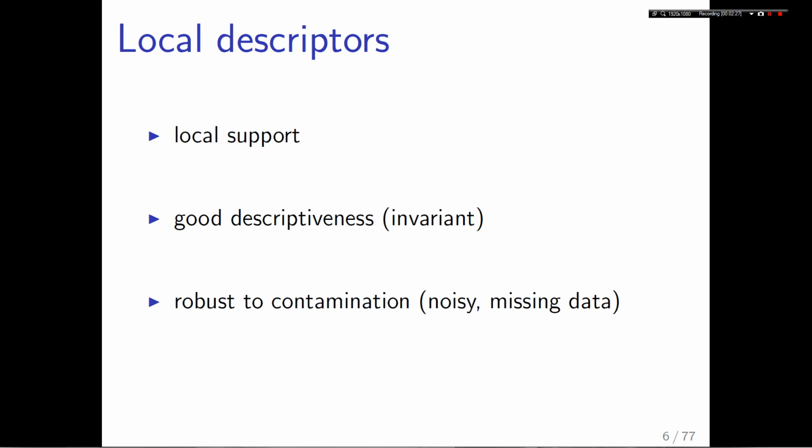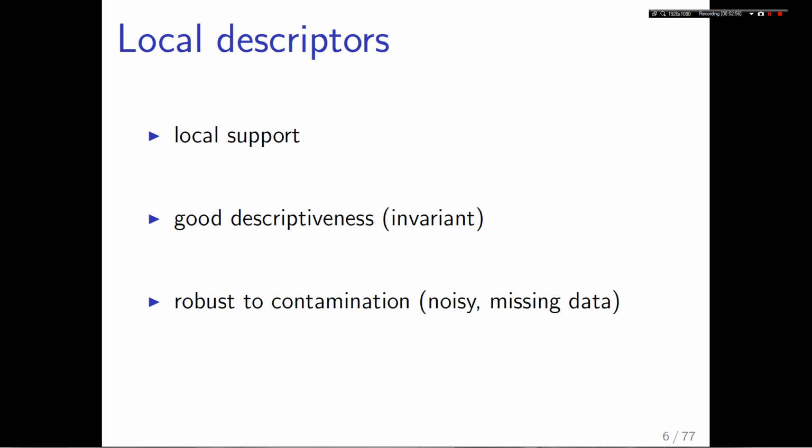And for local descriptors, we should have several different requirements. First, it should have local support, which only uses a limited portion of the data around the specific points, and it should have good descriptiveness and invariance, which I have shown on my second page that you can see in the human crane data.